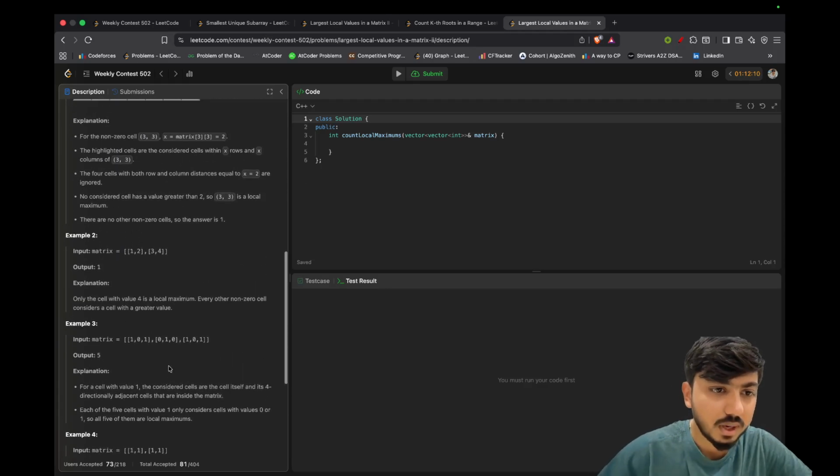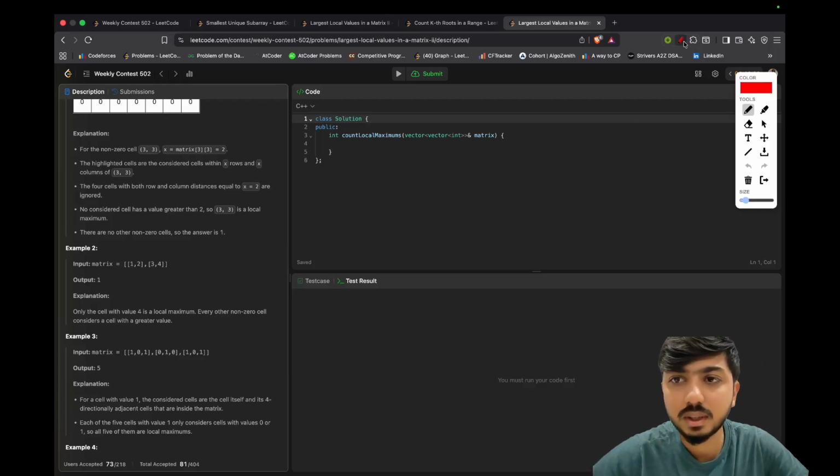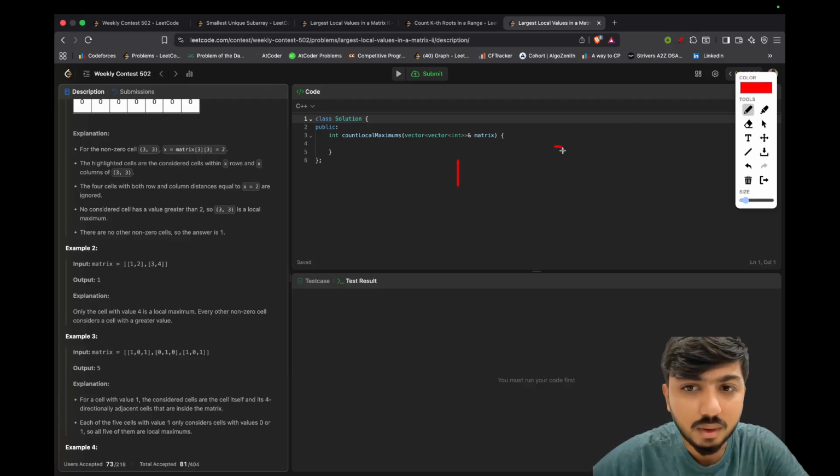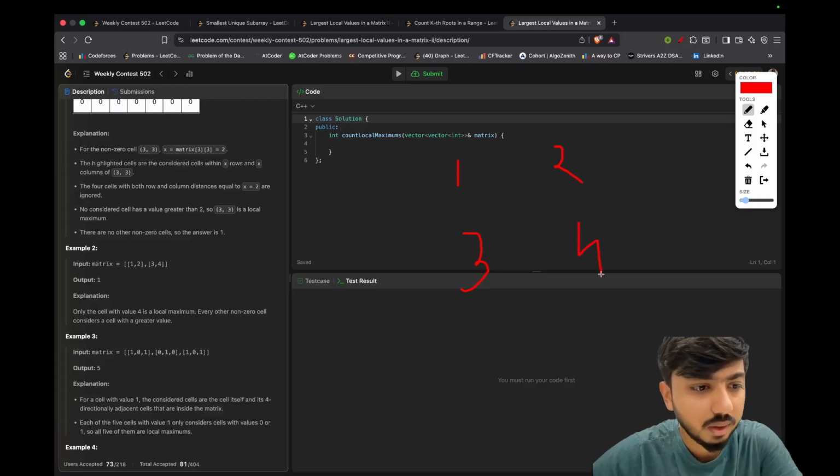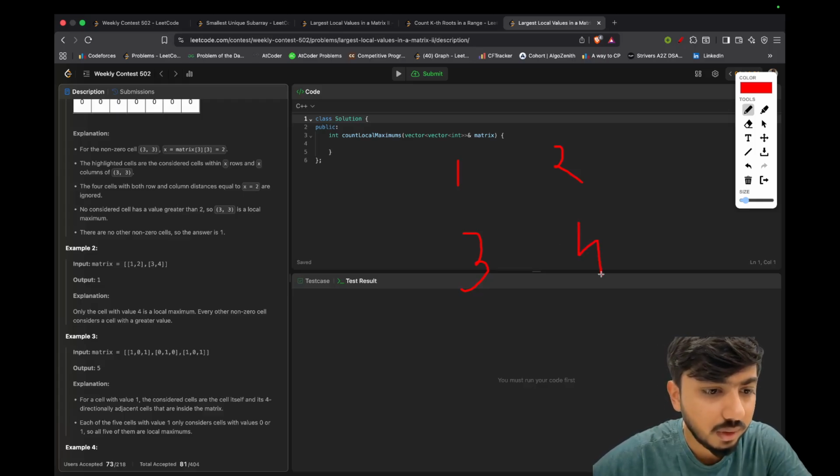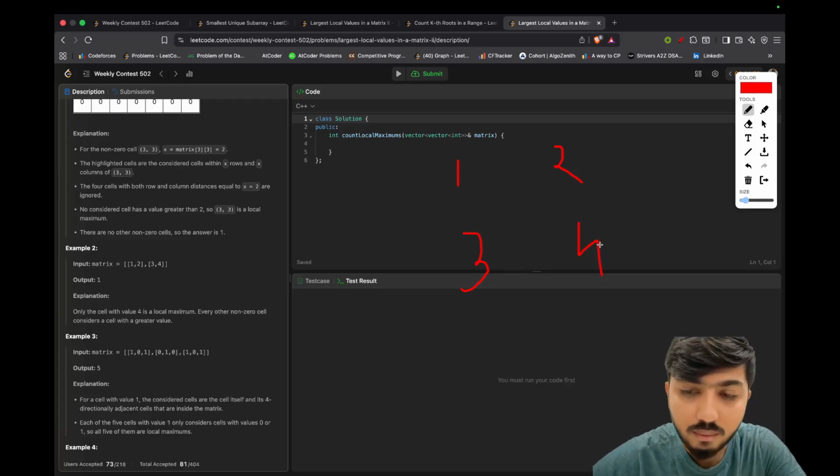What they want to check is, let me draw a few things. 1 2 3 and 4. Only the cell with value 4 is a local maximum. Every other non-zero cell is considered... 4, right?